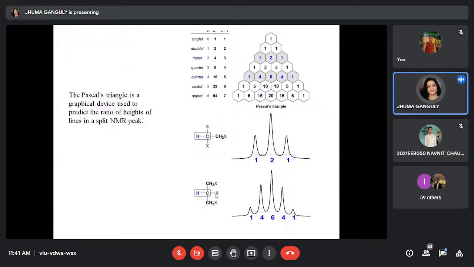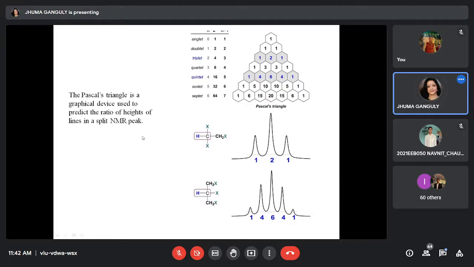So next, now this one. This is Pascal's triangle, something you know about. If you count down it, you will get some figure. It is a graphical device used to predict the ratio of the heights of the lines in split NMR peaks.